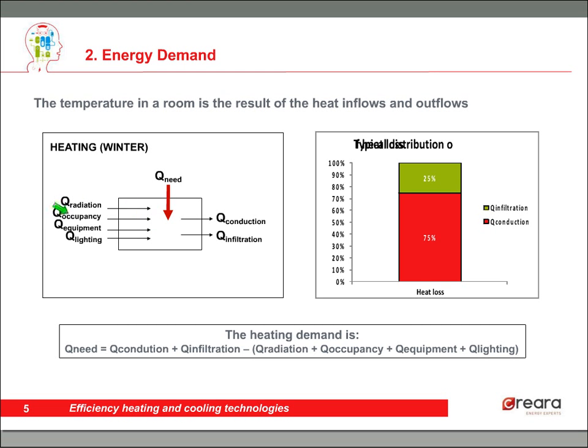These are going to be radiation from the sun, occupancy from the people who live or work there, equipment, and lighting as well. And the outflows are going to be conduction and infiltration. This is regarding the envelope of the building.